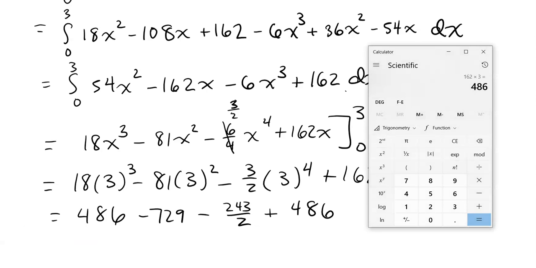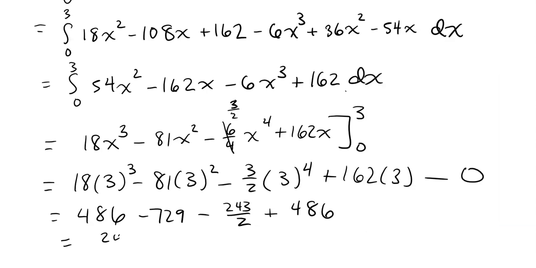So then we've got 486 plus another 486 minus 729 is 243. So we've got 243 minus 243 over 2, which is going to be just times 2 over 2.